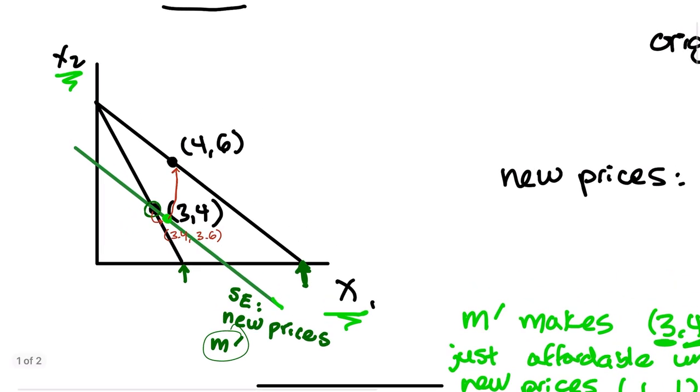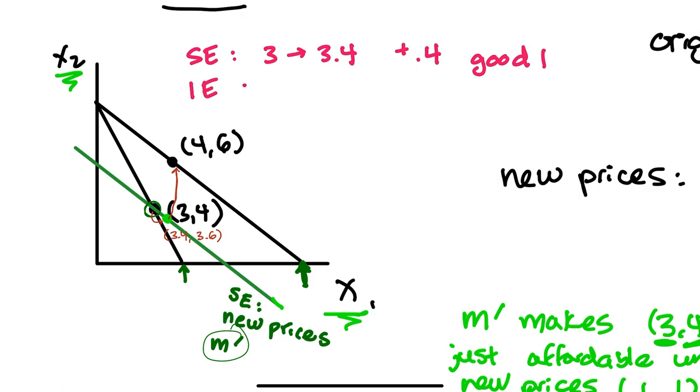And so to finally answer this question, I went from 3 to 3.4. That's the substitution effect. So substitution effect was plus 0.4 units of good 1. And then the income effect, we went from 3.4 to 4.